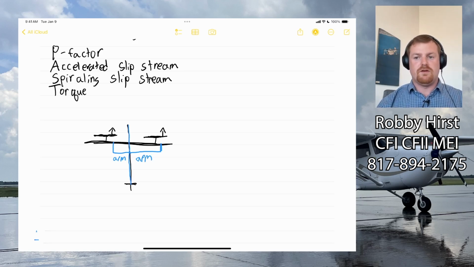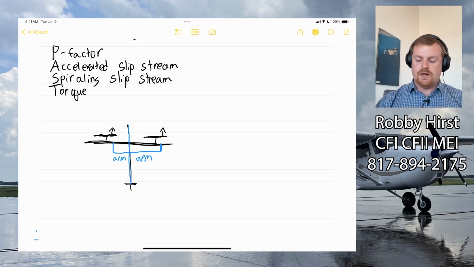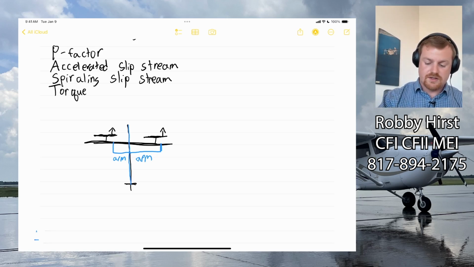Think about trying to loosen a nut: if you have a longer lever, you have more leverage. Same thing here. The arm is longer, so it has more leverage to yaw the aircraft to the right. So in this case, the left engine would be our critical engine.